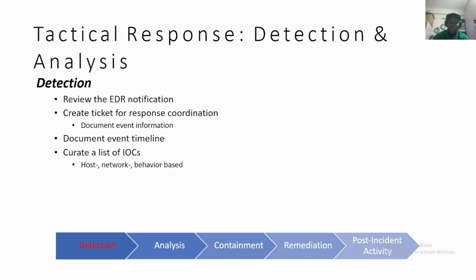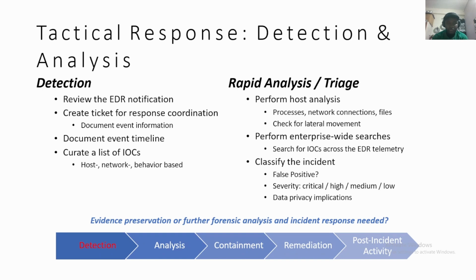Around the detection, if you got the notification from the EDR, you have to review the EDR notification, and you can create a ticket for the response coordination. You have to create a ticket for sure if it's a true positive.